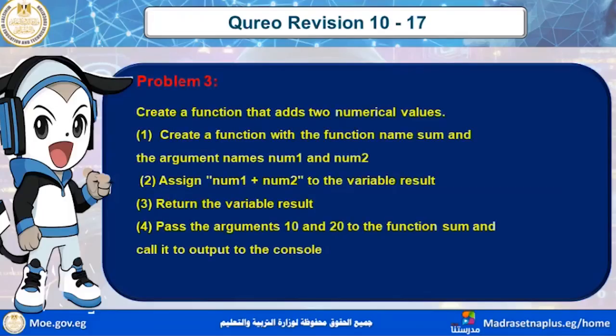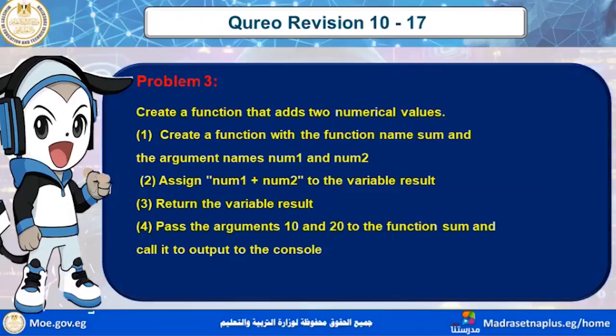Here we have to write a program containing a function that adds two numerical values. First, create a function with the function name sum and argument names num1, num2, and assign num1 plus num2 to the variable result.